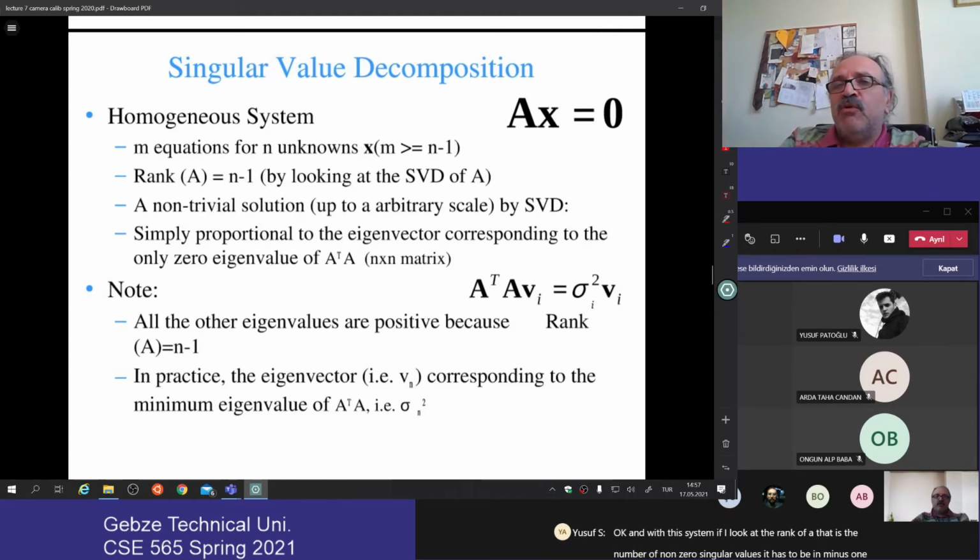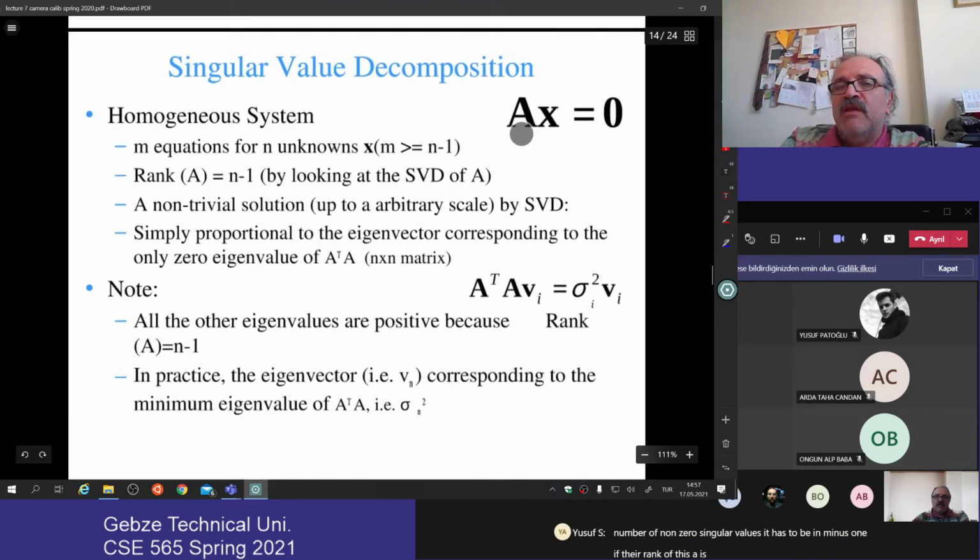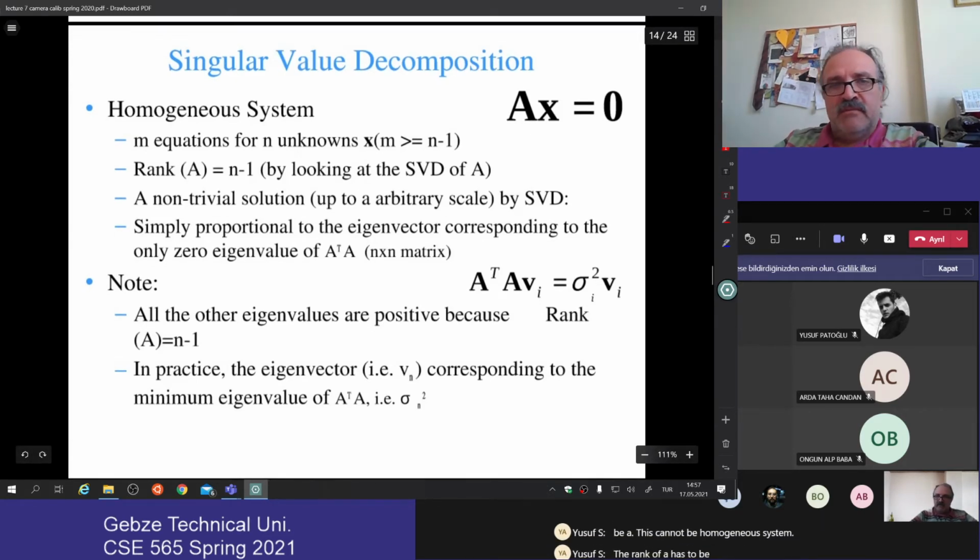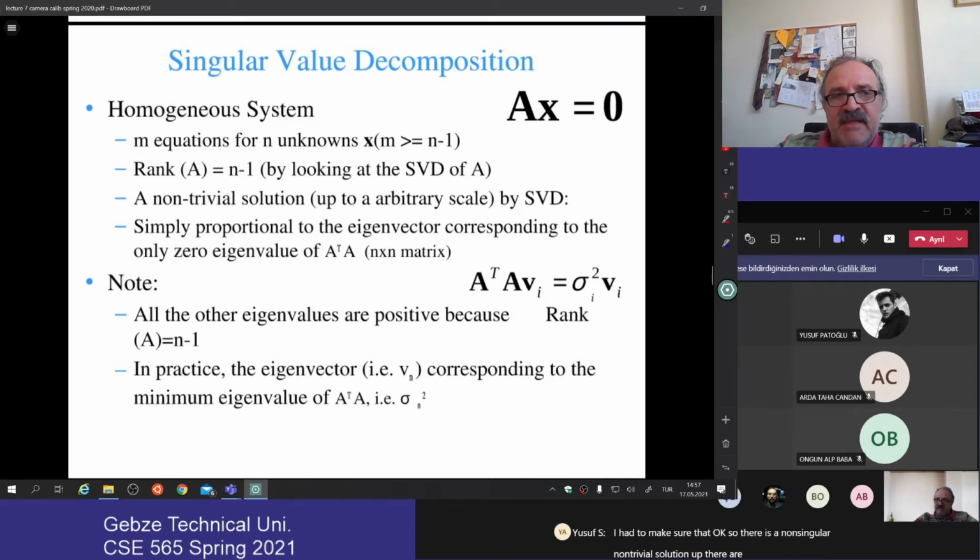If the rank is full, if the rank is n, this cannot be a homogeneous system. The rank of A has to be n minus 1. I have to make sure of that. So there is a non-trivial solution up to an arbitrary scale by SVD.